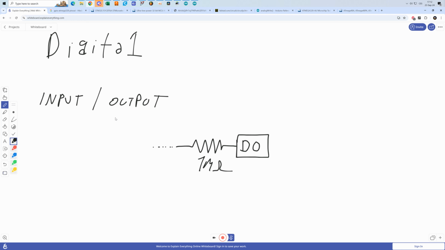Now output, in the output configuration, basically what you are doing is that you are adding transistors to the pin. So in the output configuration, we could see that there are two transistors, just like so. There would be one transistor here. I will draw MOSFET transistors, and here's the ground.